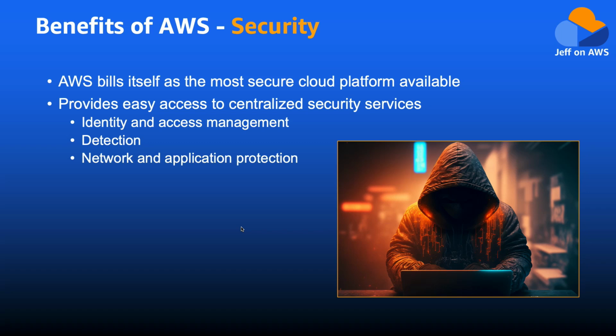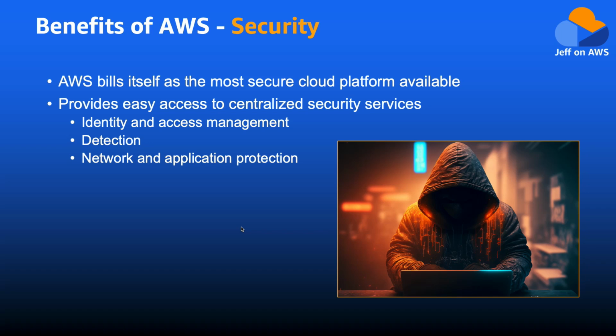AWS provides some great network and app protection services. They do a lot of segmentation across your networks with the virtual private clouds, VPCs, which is a virtual network, subnets. You can further segment your environment with Control Tower and multiple accounts, so you can protect your production environment a little bit differently than your non-production, or you can segment your highly confidential data from your less confidential data.